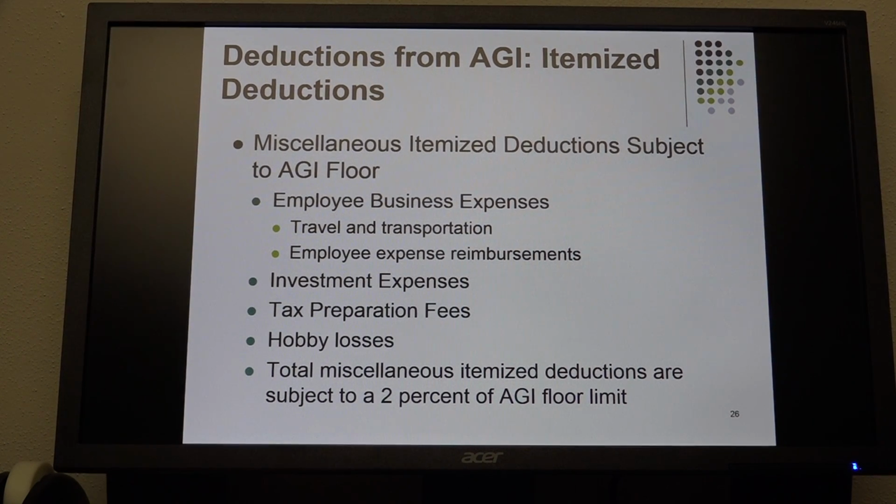The other big item that I want to talk about is hobby losses. Certainly if you're engaged in a business for profit, you're going to be able to deduct those costs.